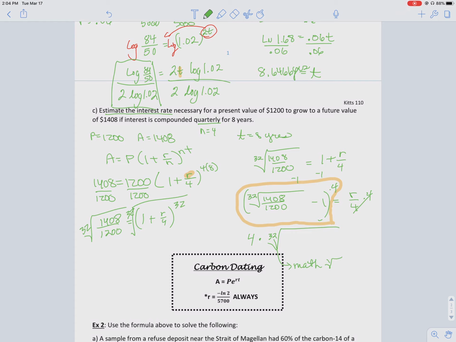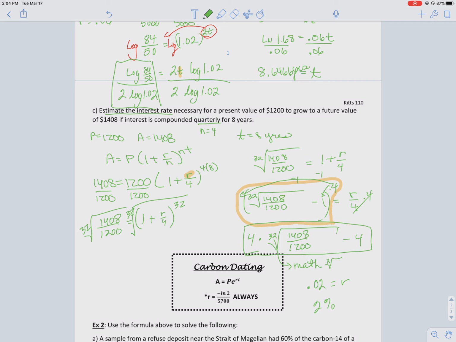And you'll put the 32nd in there. 1408 over 1200. Okay. And then we're going to subtract 1, and multiply by 4 because I'm just distributing that. All right. So plug that in your calculator. And you should get something like 0.02 something. So that's going to give you 2%.